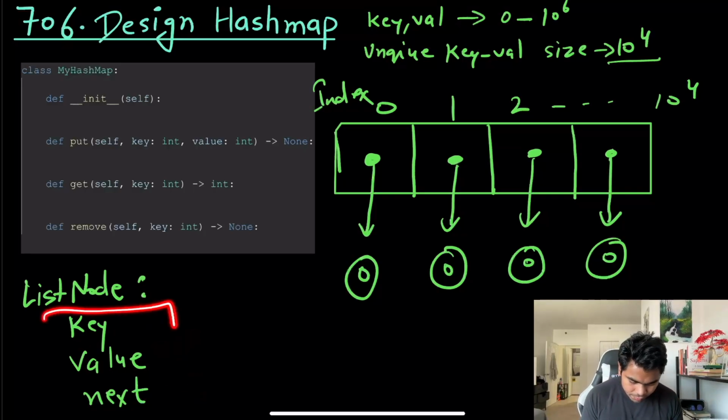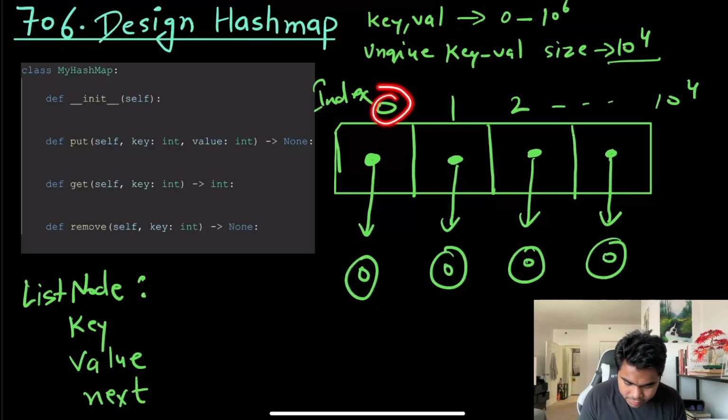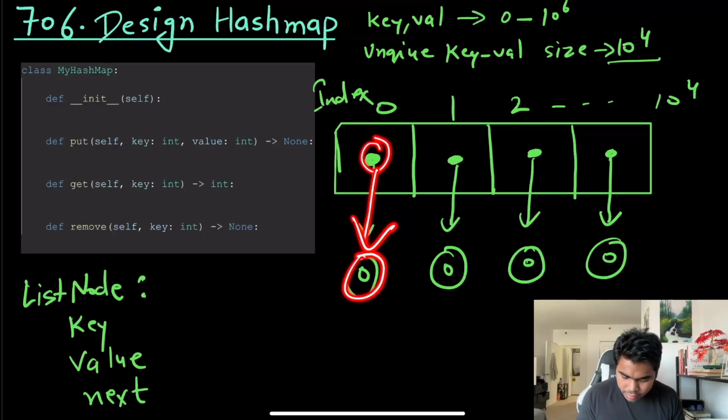So this key right here would still be from the index. We will refer to it, but when you access that, you are not just accessing a value, you are accessing a list node.